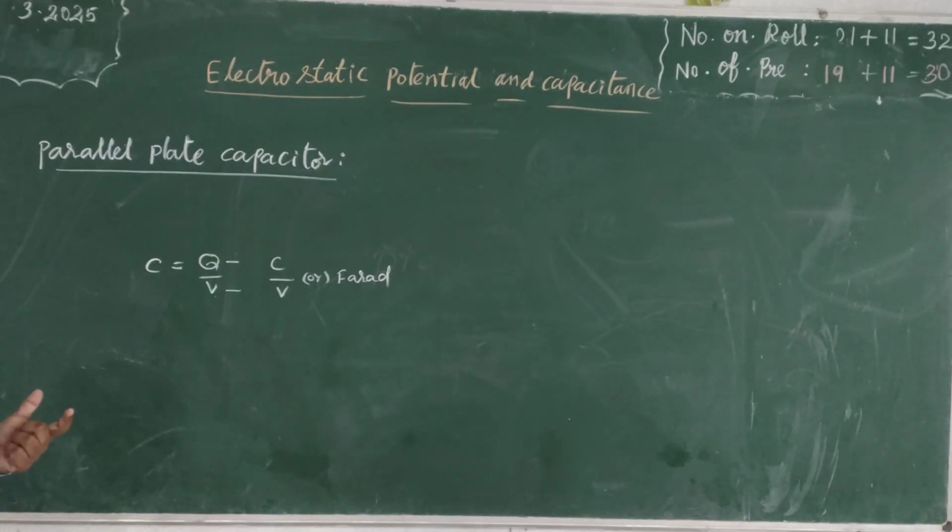A capacitor is a device which stores energy and gives energy suddenly to an electrical device, and that device starts. For example, a fan or electric motor requires more current. How much? 25 to 50 amperes of current.